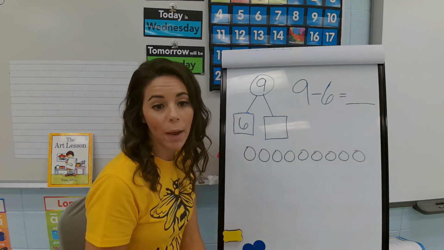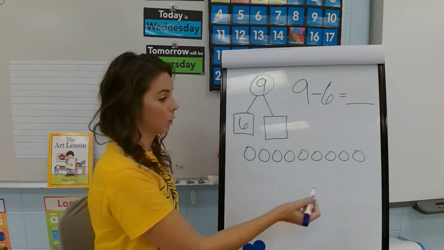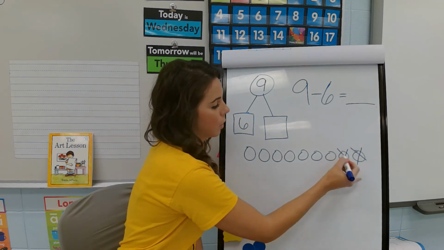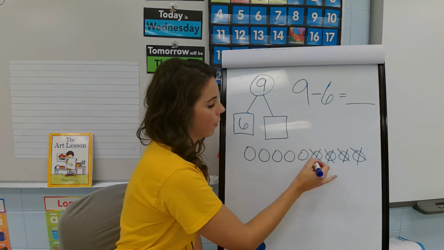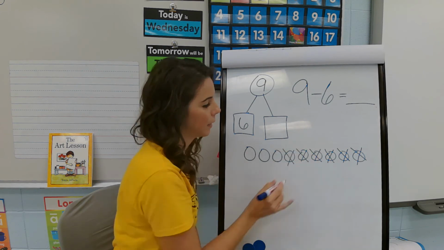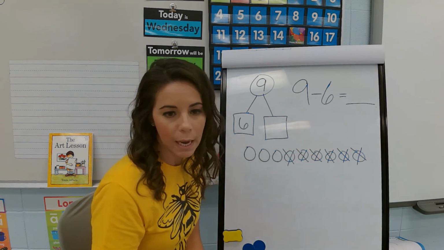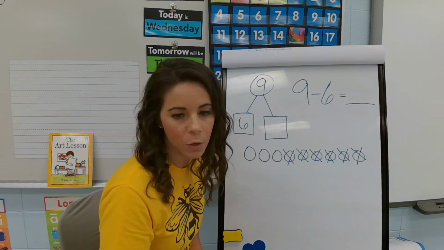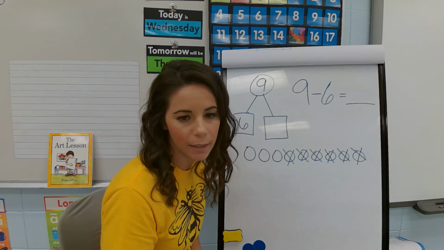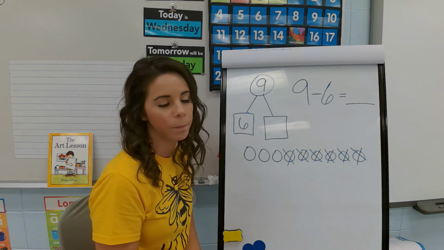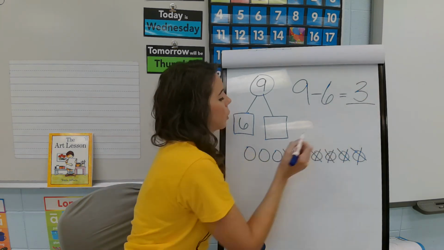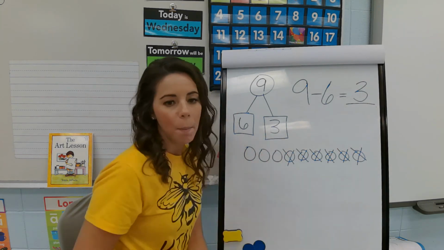When we take away 6, let's cross them out. 1, 2, 3, 4, 5, 6. That way we can tell how many we're taking away. How many do we have left, Allison? 3. Great job. So that is our missing part.